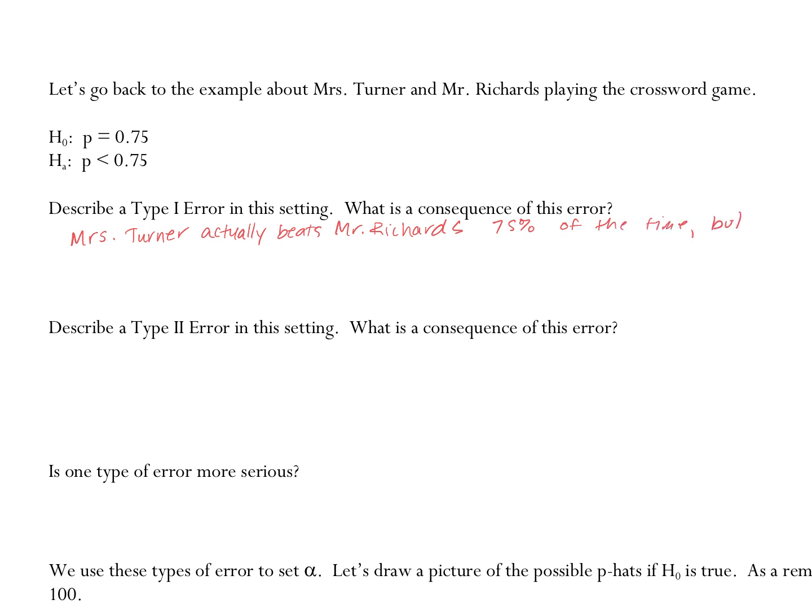So that's what's true. And if we're describing an error, what are we going to conclude? We conclude she's overstating her abilities.